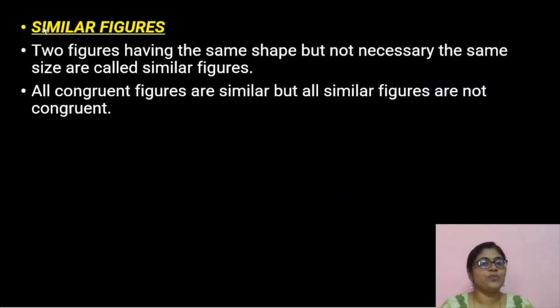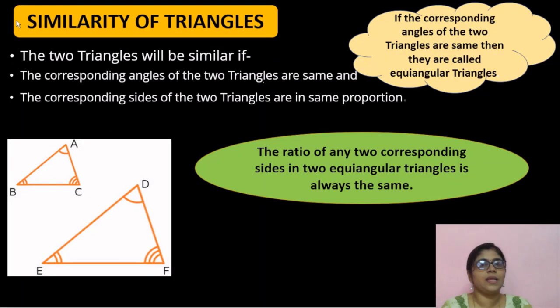Now, let's move to the similarity of triangles. You all know two figures having the same shape but not necessarily the same size are called similar figures. All congruent figures are similar, but all similar figures are not congruent.